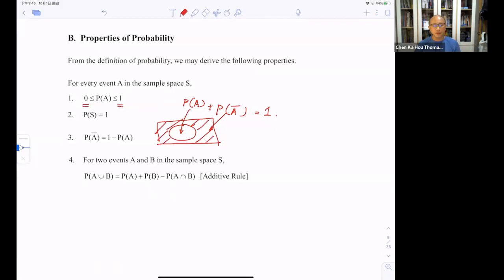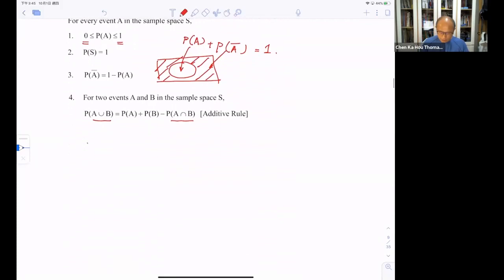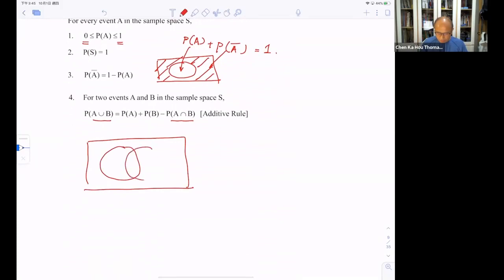Okay. Now another rule that is also very useful connects the relationship between the union and the intersection. It is called the additive rule of two events. You may use a Venn diagram, very easy to understand why. Okay, for example, two events with some overlap.